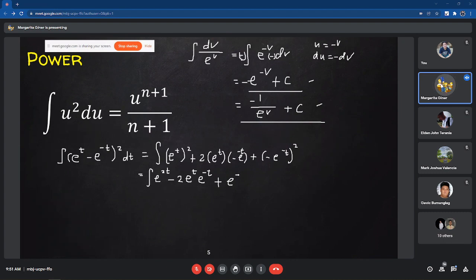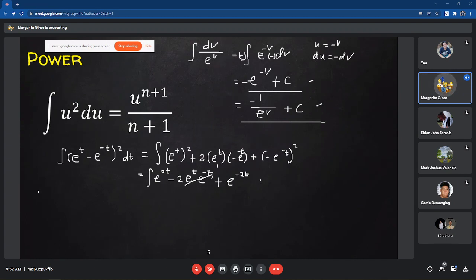So, negative 2t. Take note of this, class, that if you are multiplying the two variables, you add the exponents. So, t minus t is equal to 0, and e raised to 0 is equal to 1.